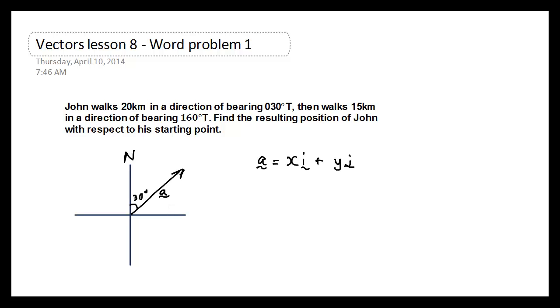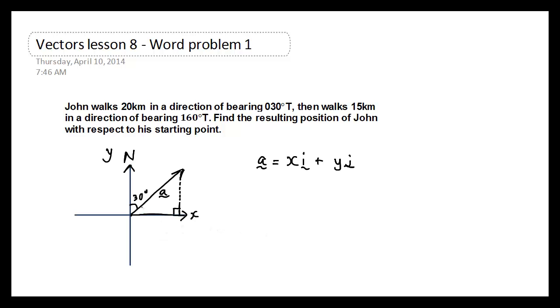So let's change this axis to the Cartesian plane. We have the x-axis here and the y-axis here, and we're going to draw a vertical line down to the x-axis from the head of the bearing. So we have a right angle triangle.